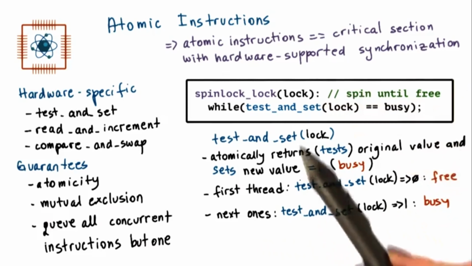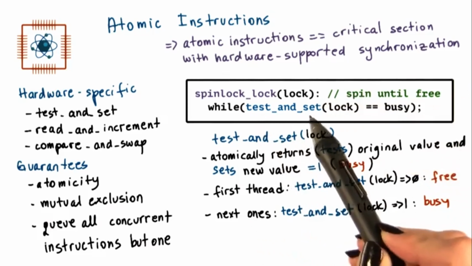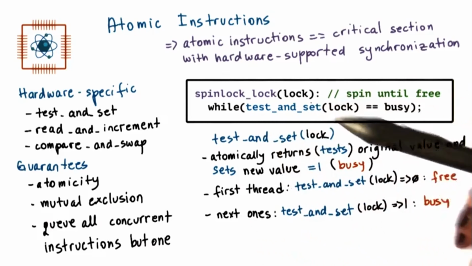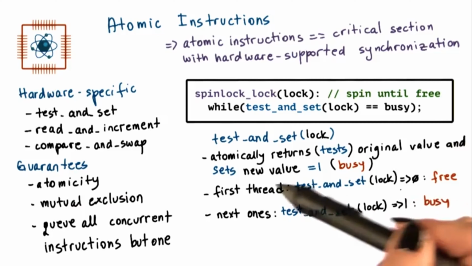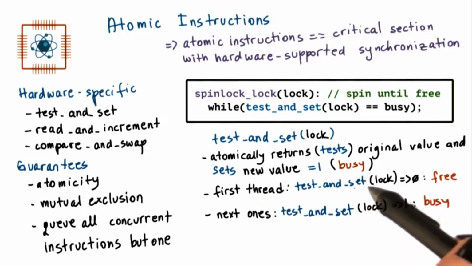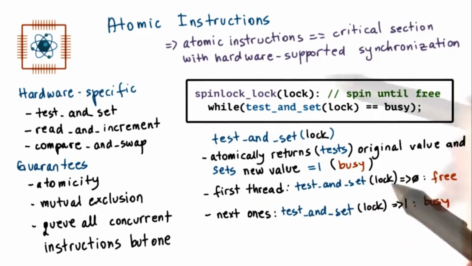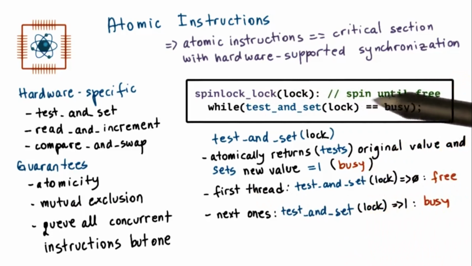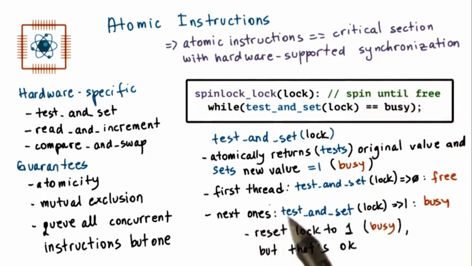All of the remaining threads that try to execute test and set, for them, test and set will return 1 because this first thread already set the value of lock to be 1. Therefore, those remaining threads will just continue spinning in this while loop. Notice that in the process, these other threads are repeatedly resetting the value of the lock to 1.